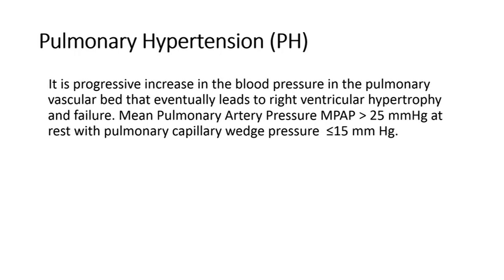It means that when we advance a pressure catheter into the pulmonary artery, then into pulmonary arterioles, then smaller arterioles, until it stops, the catheter is now wedged, and we check the pressure. If it is less than 15 together with a mean pressure of more than 25 millimeter mercury, this means that this patient has pulmonary arterial hypertension.